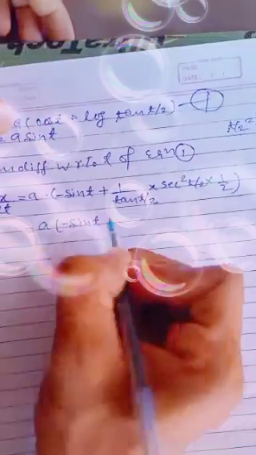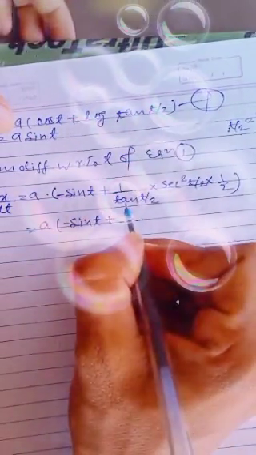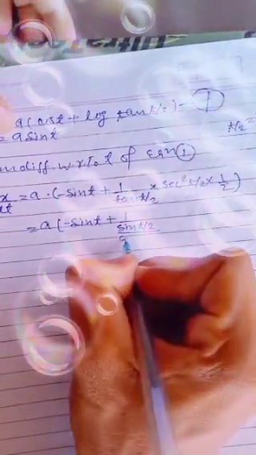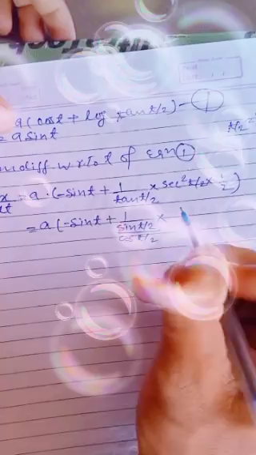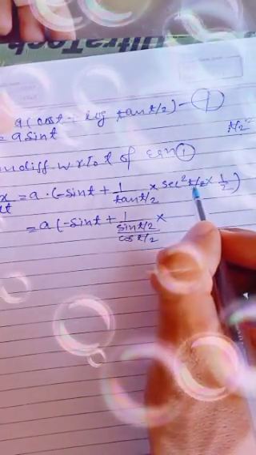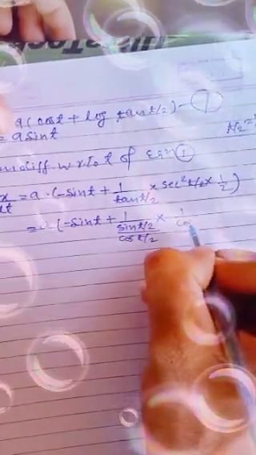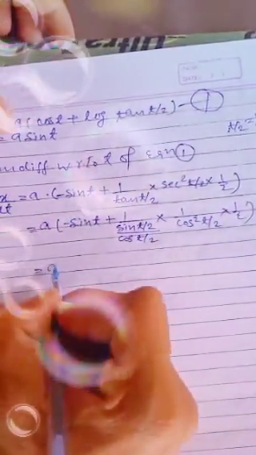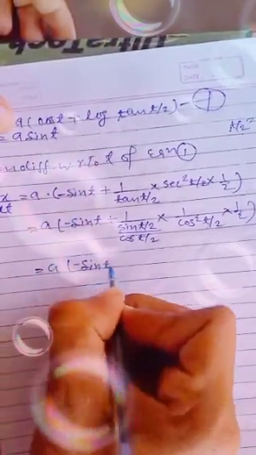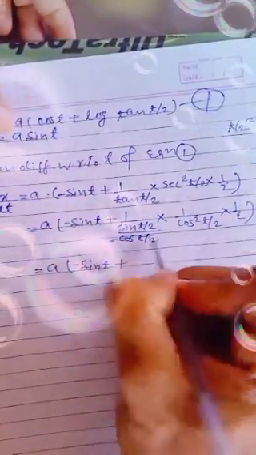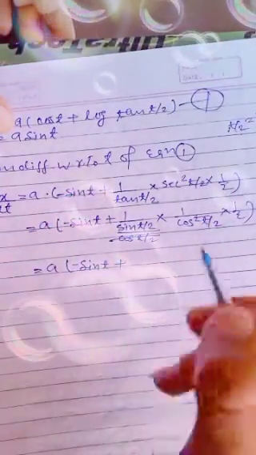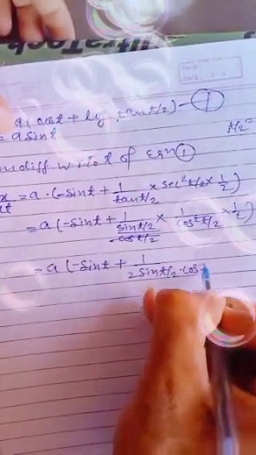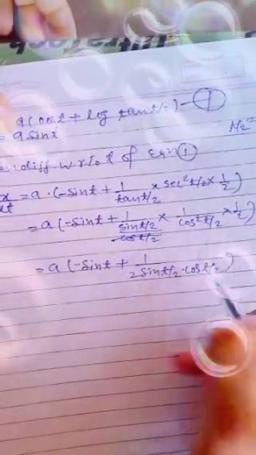Now again we can simplify this equation. a minus sin t plus, tan t by 2 can be written as sin t by 2 upon cos t by 2 multiply, and sec square t by 2 can be written as 1 upon cos square t by 2 multiply 1 upon 2. Now again simplify. a minus sin t plus 1, this cos and this cancel, so what is remaining? 1 upon 2 sin t by 2 cos t by 2.